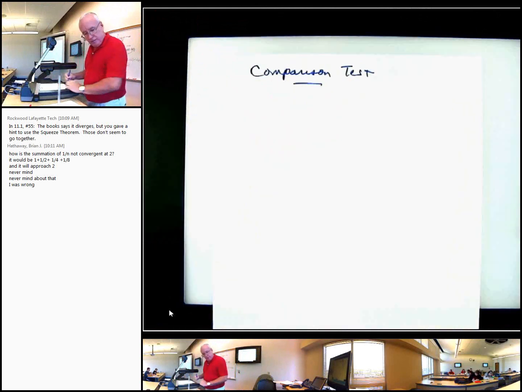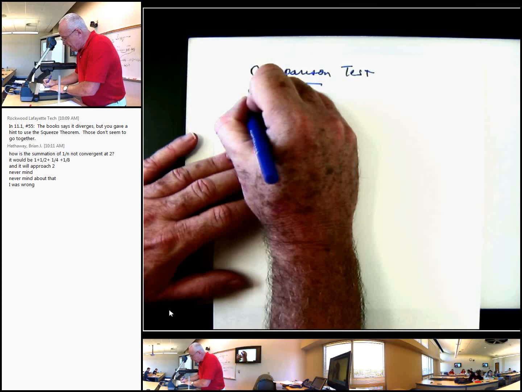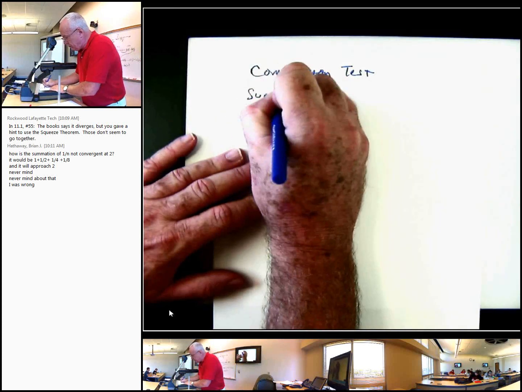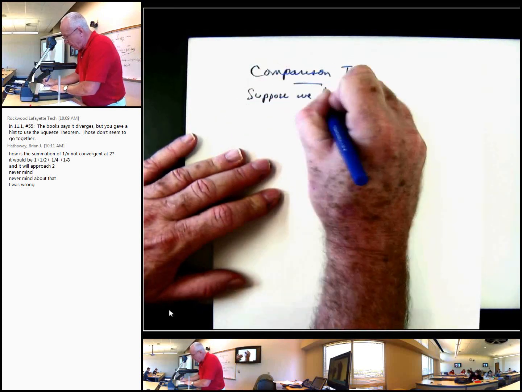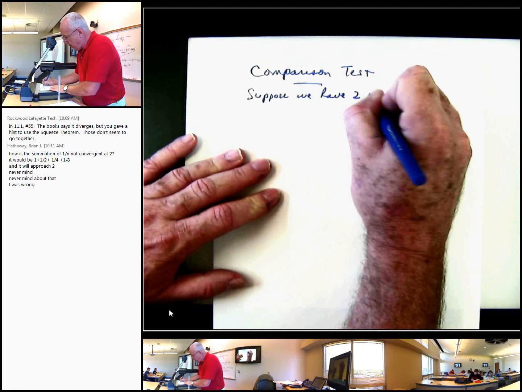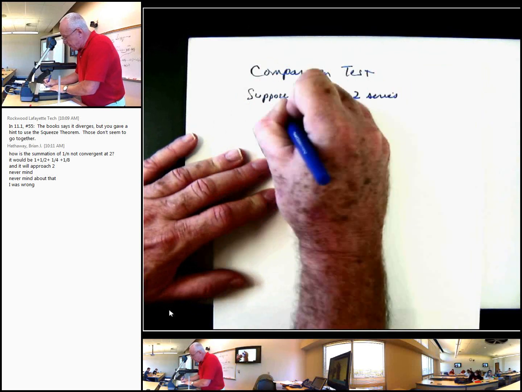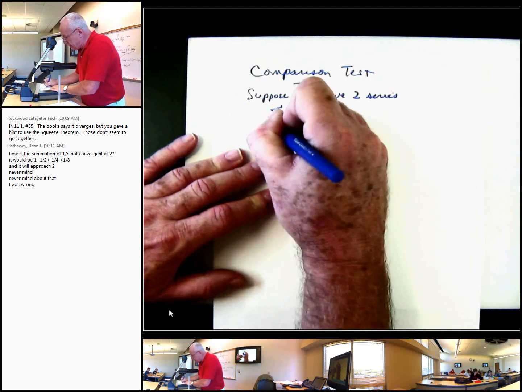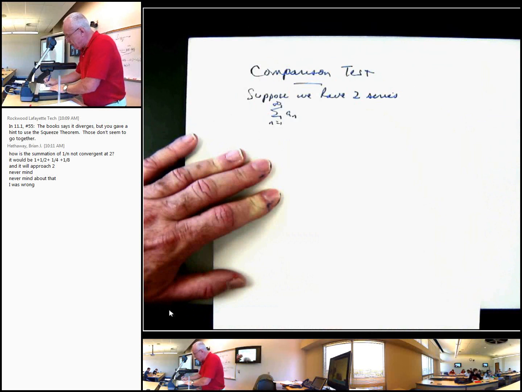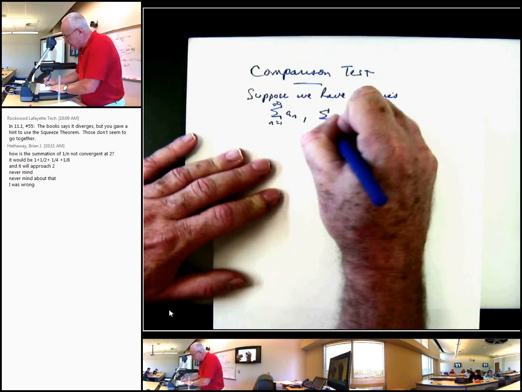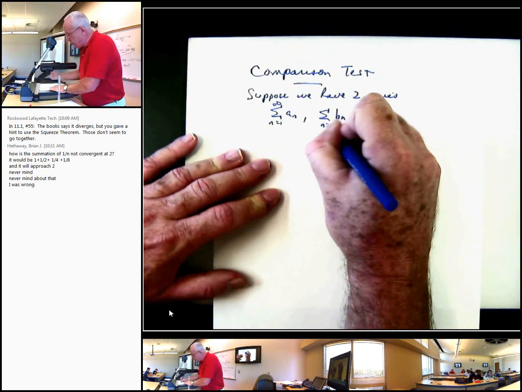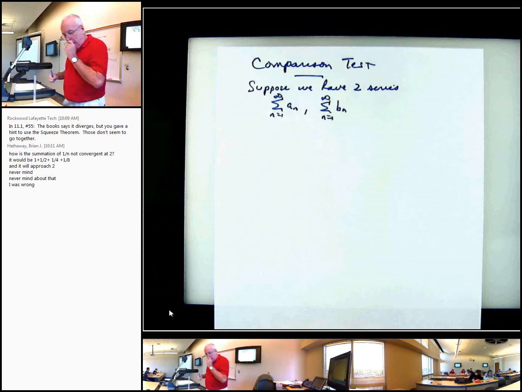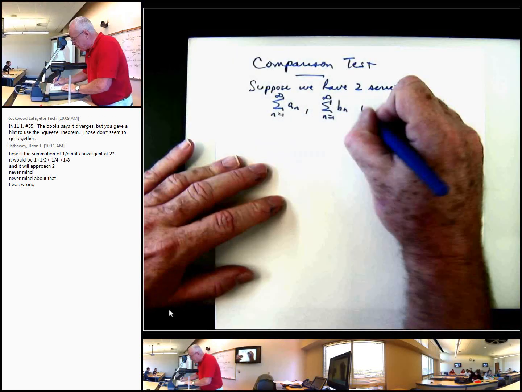Okay. So suppose we have two series. I'll call one of them the summation of a sub n, as n goes from 1 to infinity. The other one the summation of b sub n, as n goes from 1 to infinity, with positive terms.